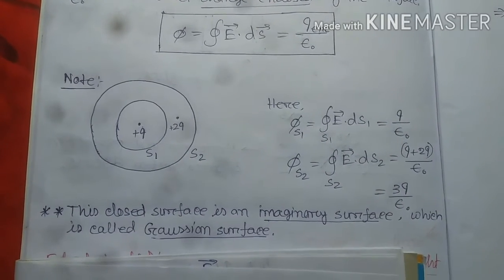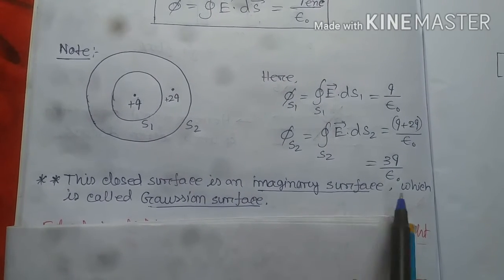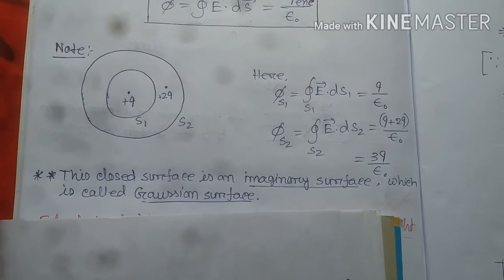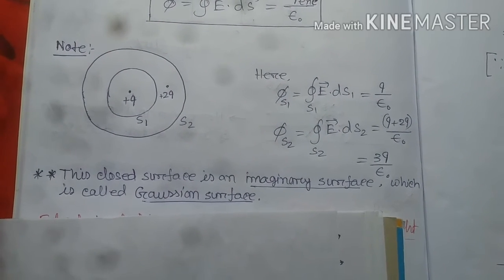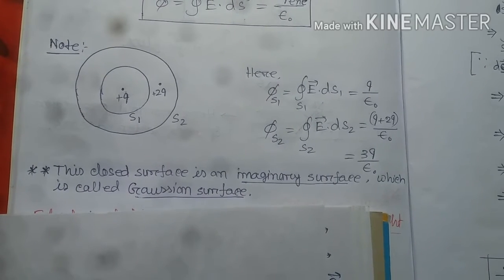And here you have to remember that this closed surface is an imaginary surface which is called a Gaussian surface. This imaginary surface will be your choice, but the choice should be in such a way that the calculation becomes easier.